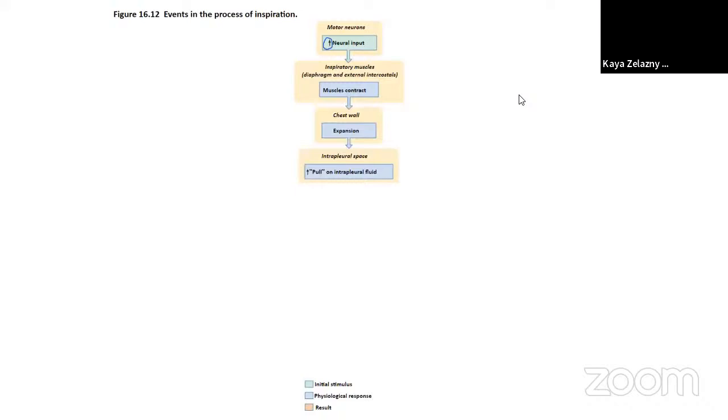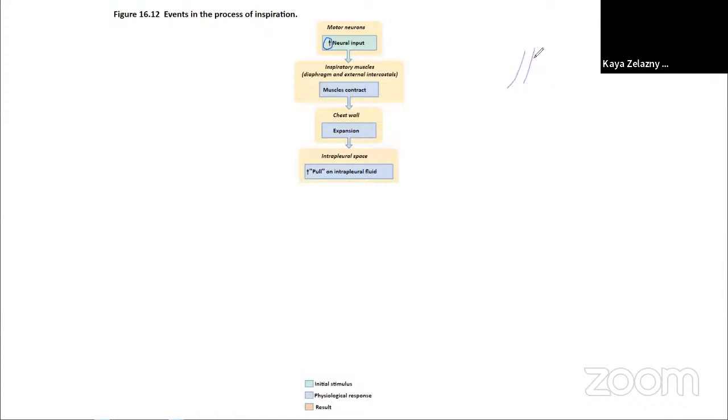This pulls on the intrapleural space. This means the fluid, because when we're thinking about that intrapleural space, right, a lung here, and another lung here. Our pleural space is this pleural sac around the lung.